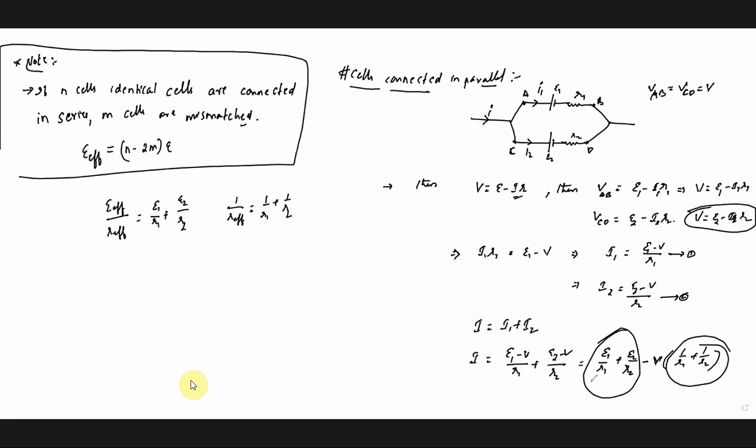Okay, or else from this equation we can write I is equal to E effective by R effective minus V into 1 by R effective.